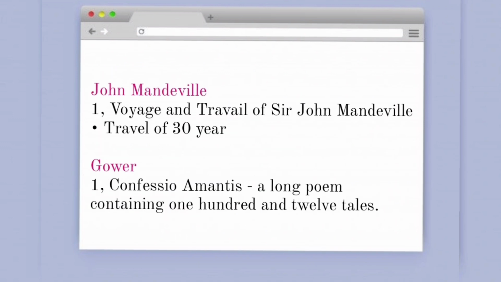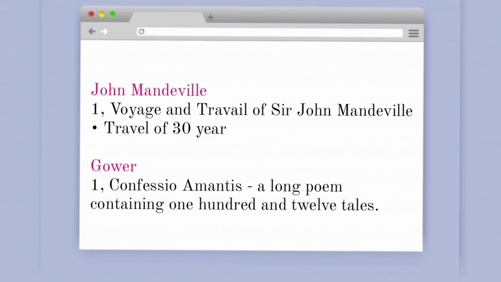And John Mandeville now. About the year 1356, Mandeville's work, the Voyage and Travail of Sir John Mandeville, appeared. He is an alleged traveller. We are not sure whether he actually travelled or whether this is real. But this book came during 1356, and it is written in Midland dialect, as the majority of the works of this period are.